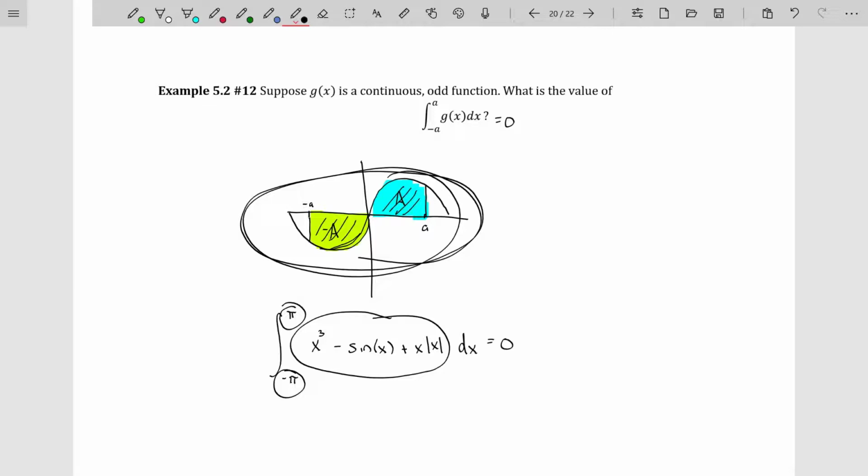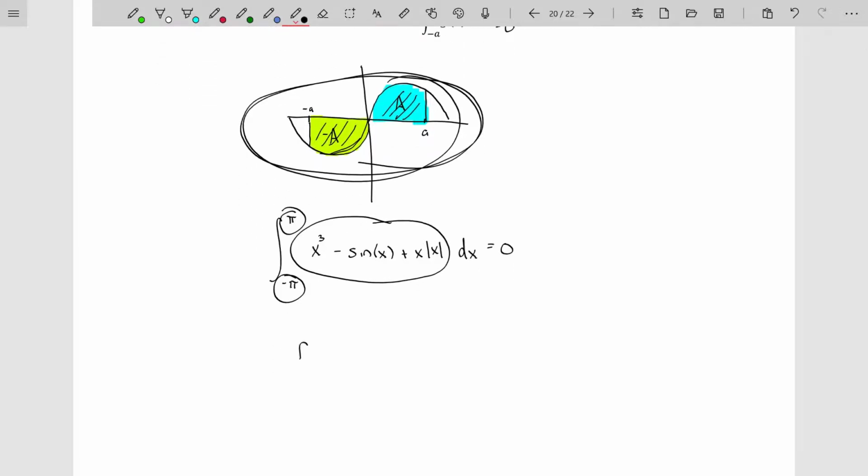You should prove that it's an odd function, by the way. When I say prove, just say f of -x is equal to, in this case, -x cubed minus sine of -x plus -x times the absolute value of -x, which is equal to -x cubed plus the sine of x, because sine is odd, so you can bring out that negative, minus x times the absolute value of x.